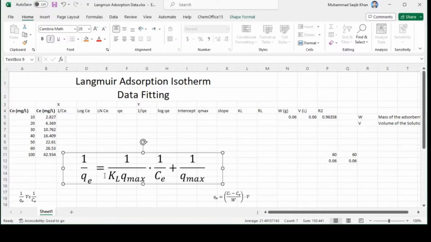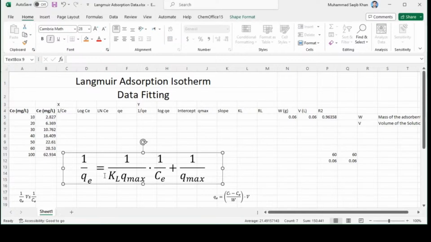CE, as you know, is the concentration at equilibrium. So from Langmuir adsorption isotherm, we will calculate the KL value and Q max value, and we will report in our paper or in our thesis the KL and Q max value for the Langmuir adsorption isotherm beside the R square value.